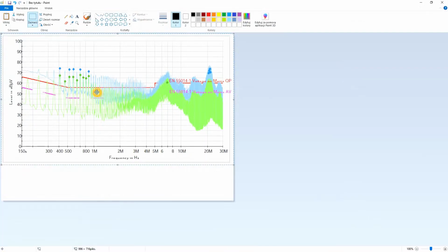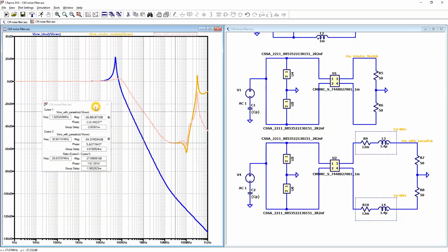Here above 1 MHz we need around 5, 10, 15 dB at least, and above 20 MHz we need 5, 10, 15, so a good value will be 20 dB because we need to include our parasitics that will lower or damp if we have more resistance, for example. For the circuit with cable parasitics, we have minus 26, minus 54. So this is the same. These 1 meter cables are not influencing our results in the conducted emission bandwidth.